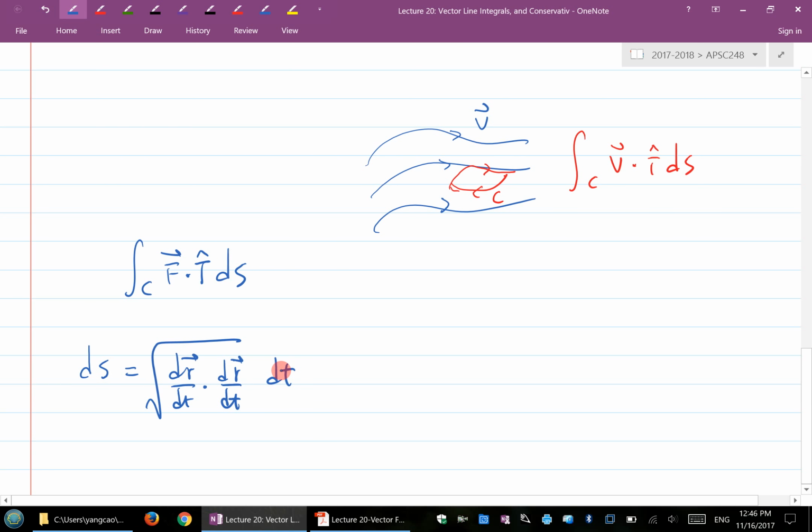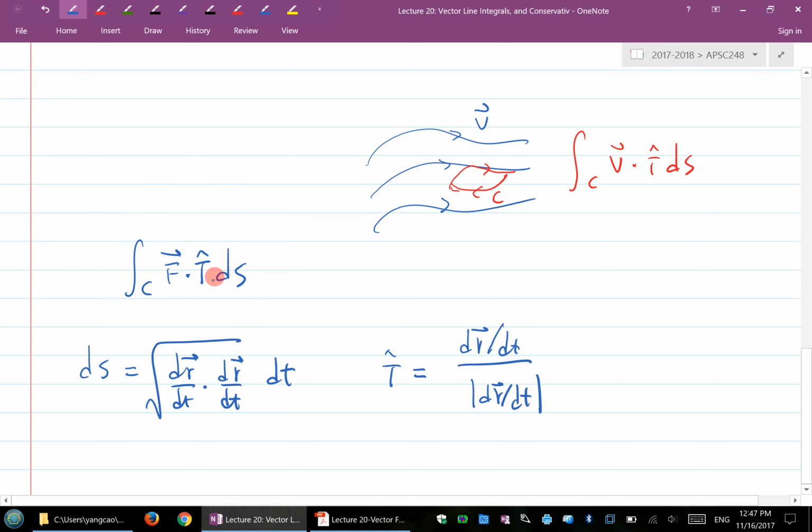That's your ds. And then your t hat. T hat is the unit tangent vector to the parametric equation. So how do we get the t hat? We take the derivative of this parametric equation and then divide by its length, we get the t hat.